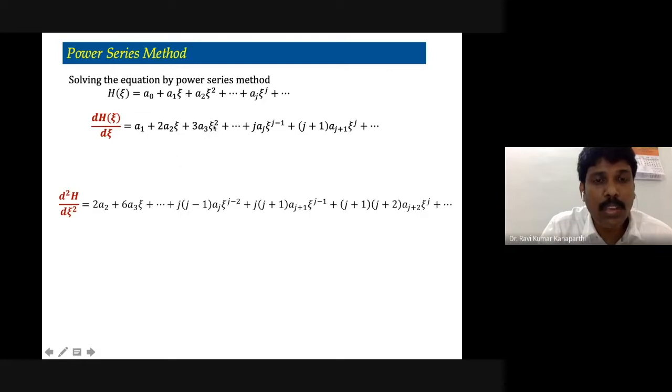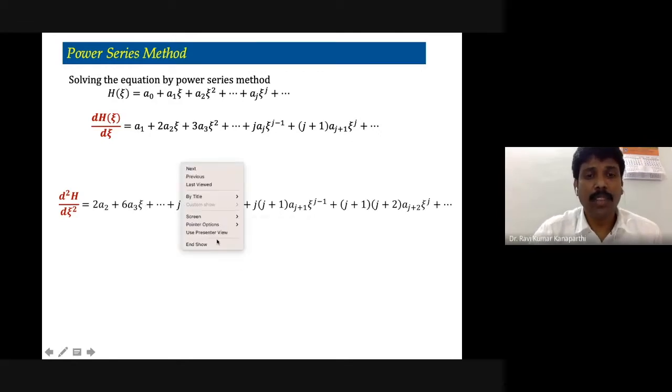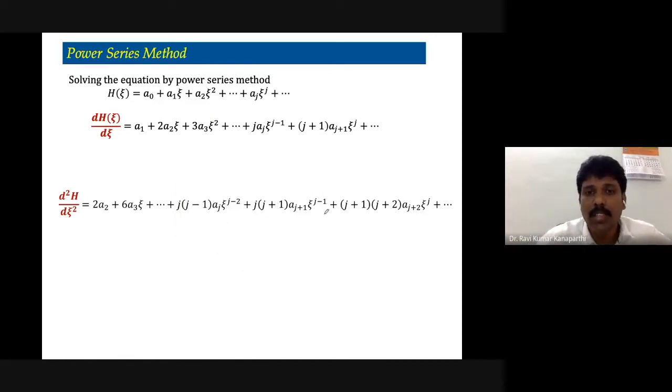What about this one? Here you can write z square. The derivative of z square is 2z, so that 2 can be written here. Then 2 multiplied by 3 is 6, and a3, and then multiplied by z. You can expand this and write down some of the common terms. Especially we are interested in this particular common term.